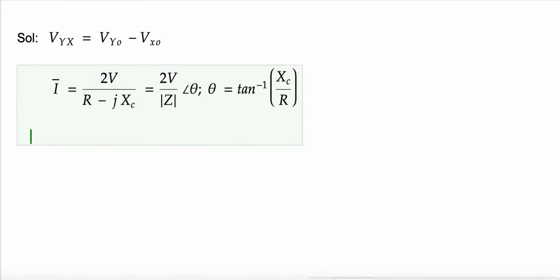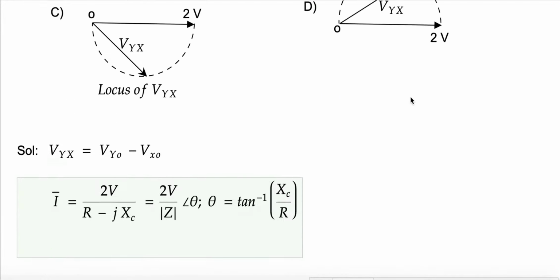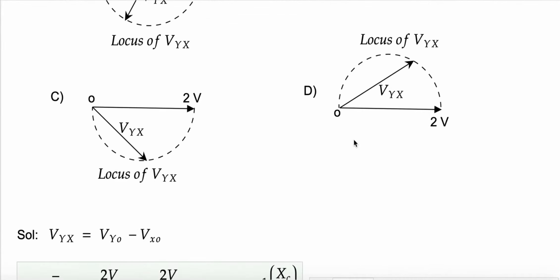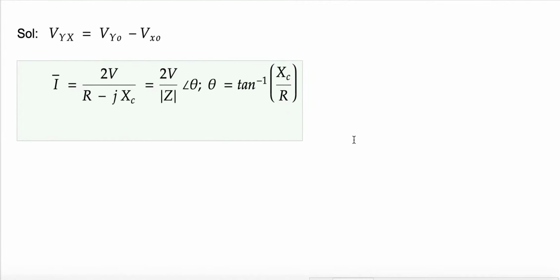What else we need? I we already got. We need Vyo, nothing but I into minus j by omega C. Vyo is nothing but mod I into minus jXc.